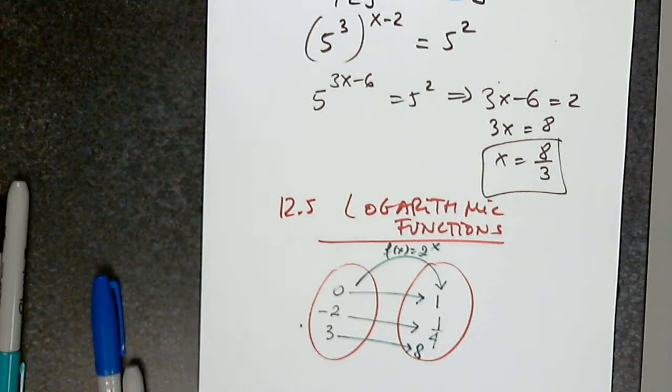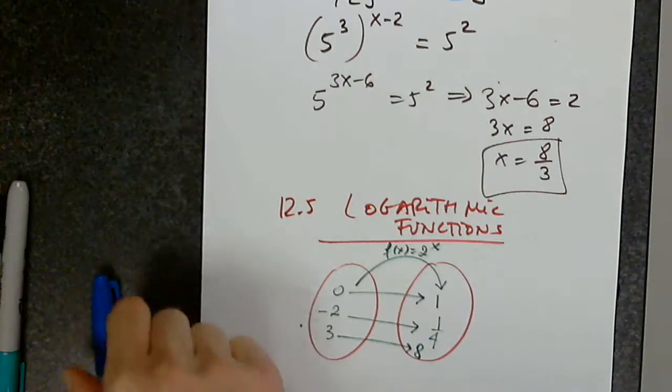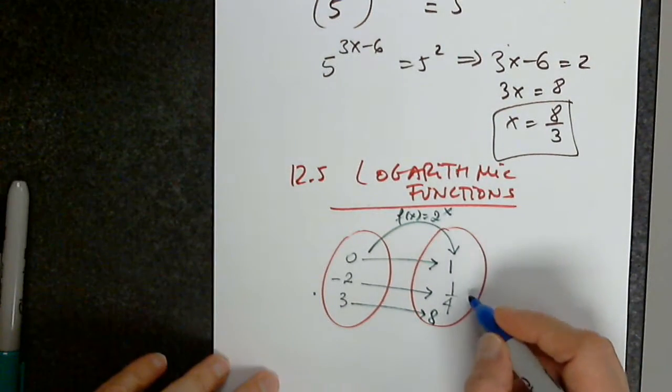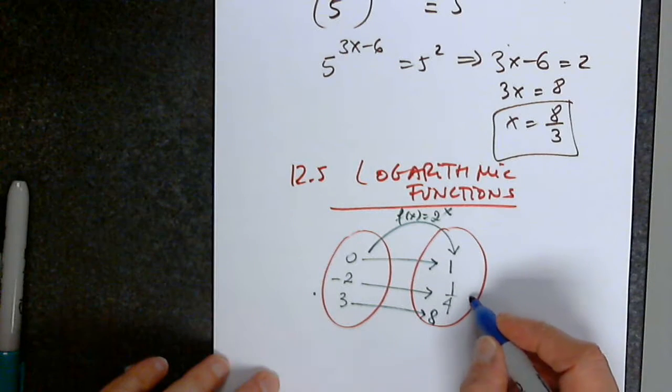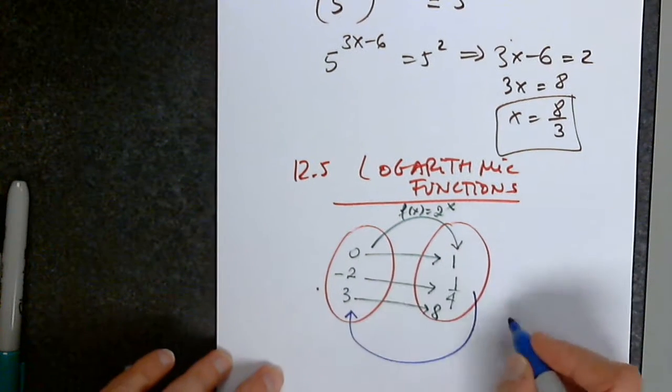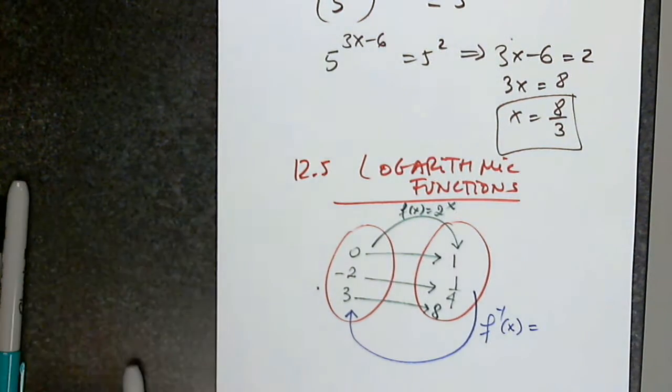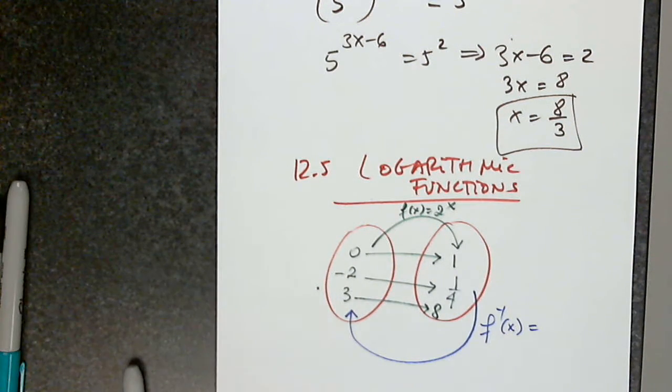If you remember, how do we create the inverse function? We create a function that takes all these values back where they came from. And this will be denoted by f inverse, right? So what will f inverse do?